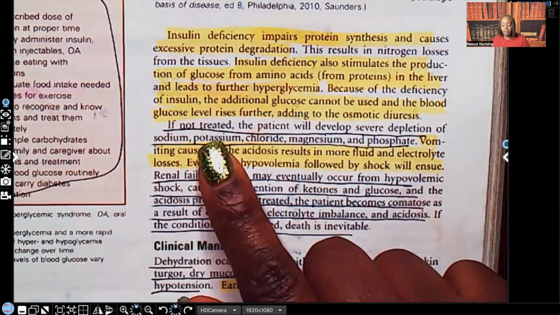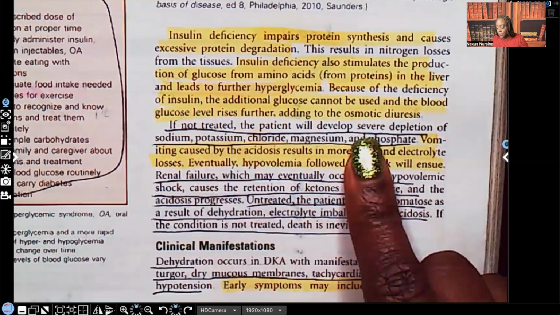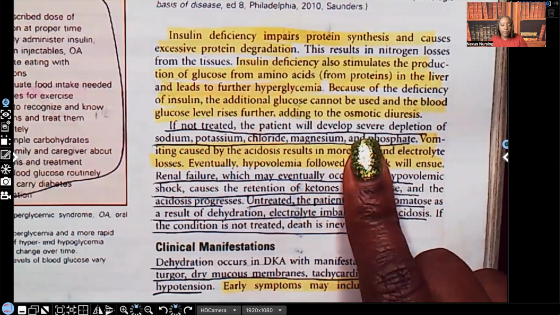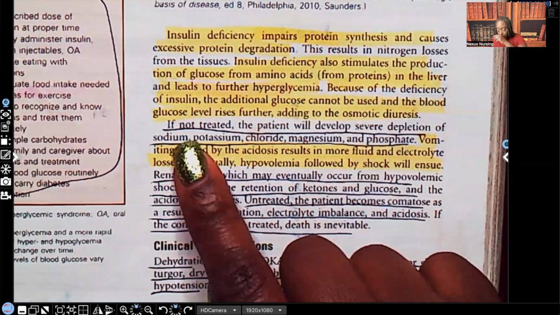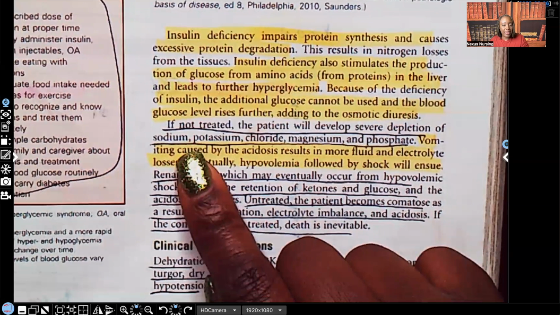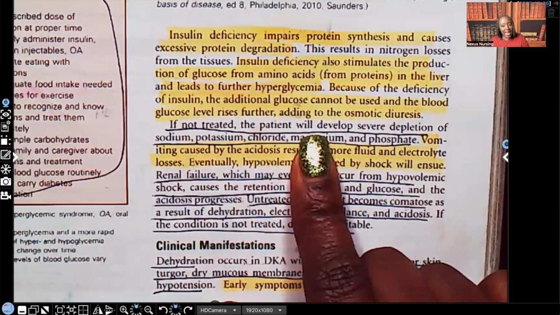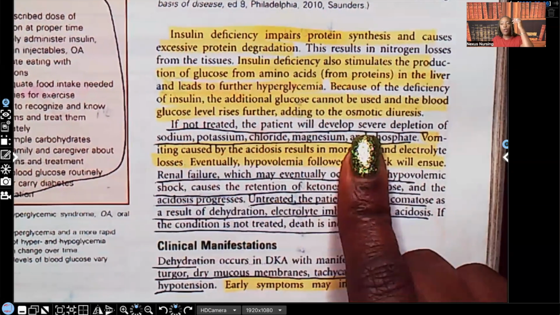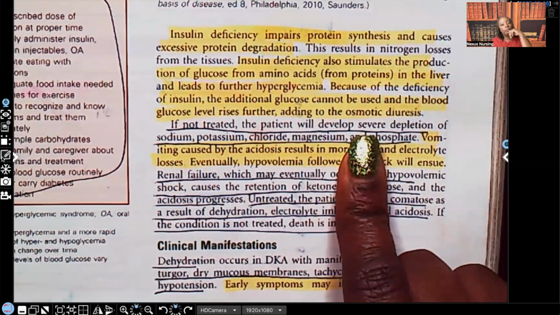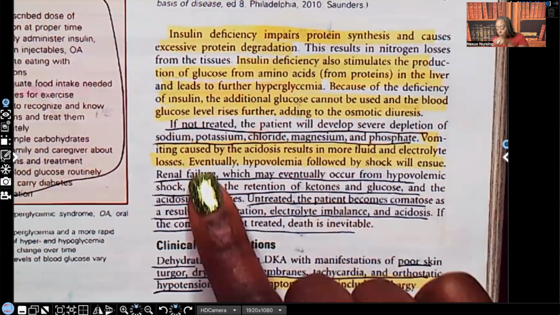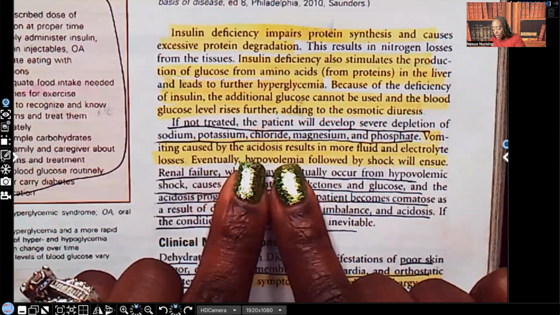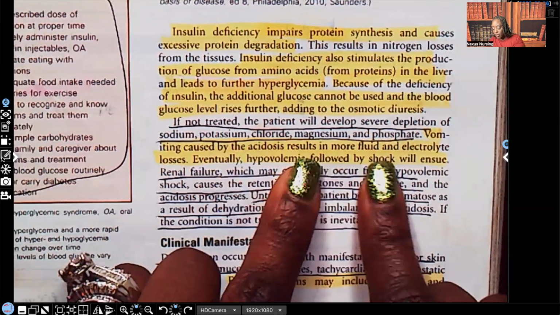If not treated, the patient will develop severe depletion of, look at these electrolytes: sodium, potassium, chloride, magnesium, phosphate. They're all going with the urine. Vomiting caused by acidosis results in more fluid and electrolyte losses.